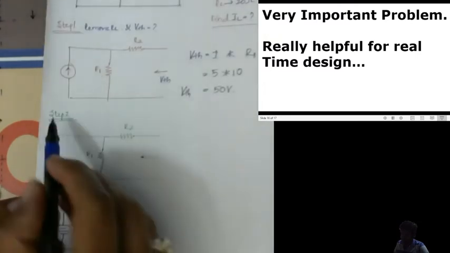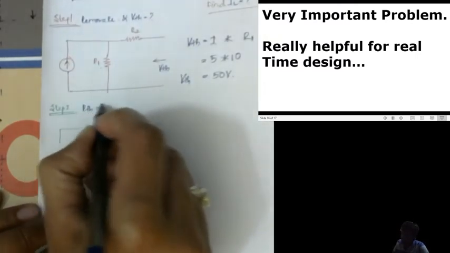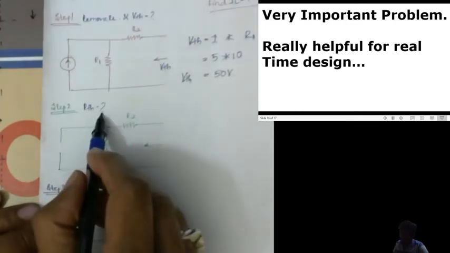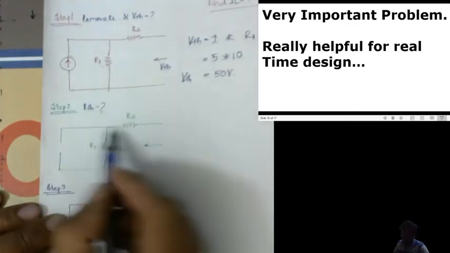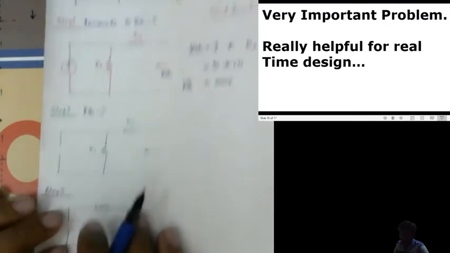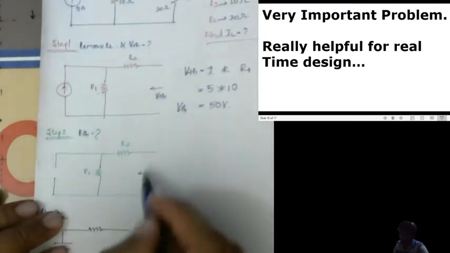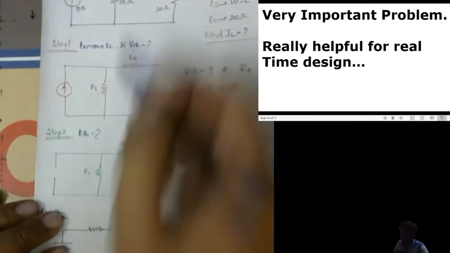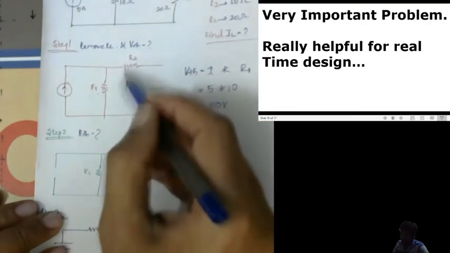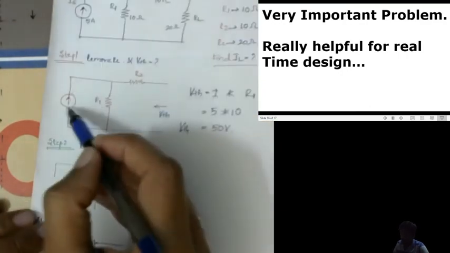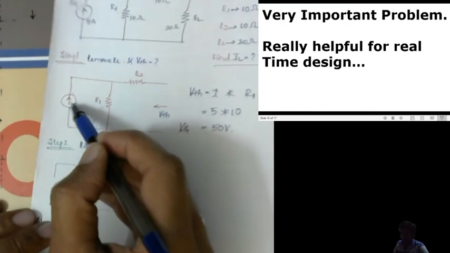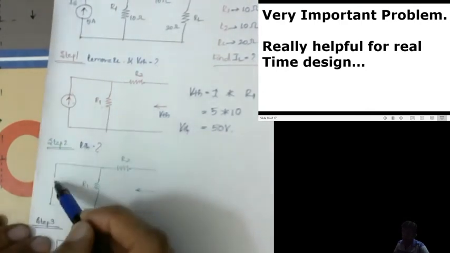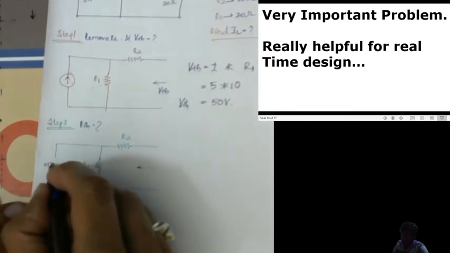Now, in step 2, you need to find RTH. In order to find RTH, again you draw this type of circuit. Here, remove the load RL, R2 remains the same, R1 remains the same. This is the current source. If it is a current source, it should be replaced by an open circuit.